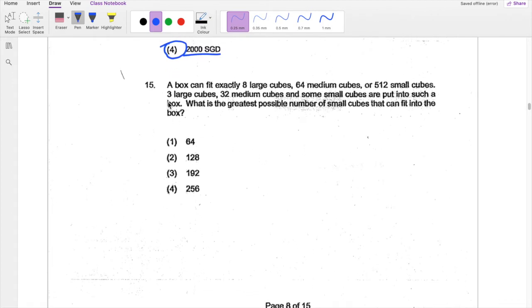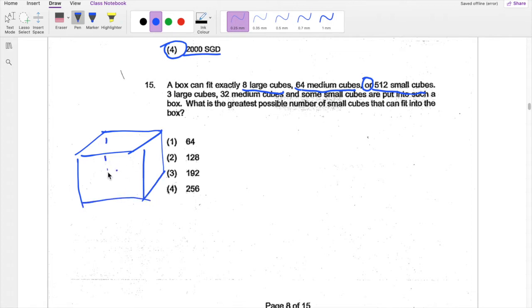Question 15. A box can fit exactly 8 large cubes, 64 medium cubes, or 512 small cubes. What does it mean? For example, this is a very big box, right? So what we can do is use a very big cube here.